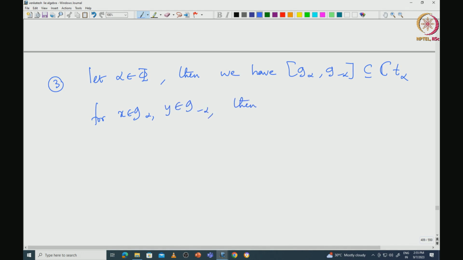So, if we take the bracket between these two elements, bracket x y, then that must be equal to kappa of x y times T alpha. Recall that T alpha is defined using the Killing form restricted to H. We identified H with H star using the Killing form.